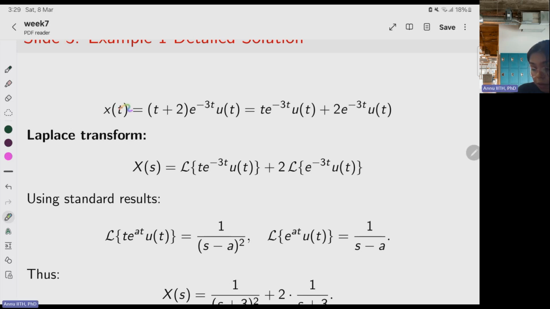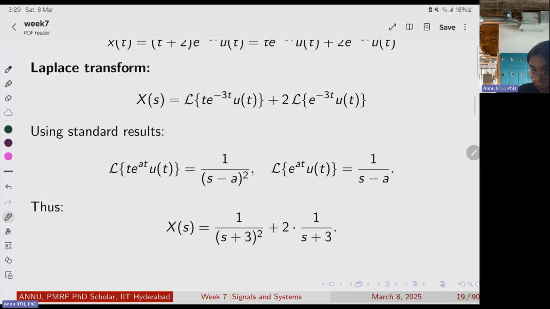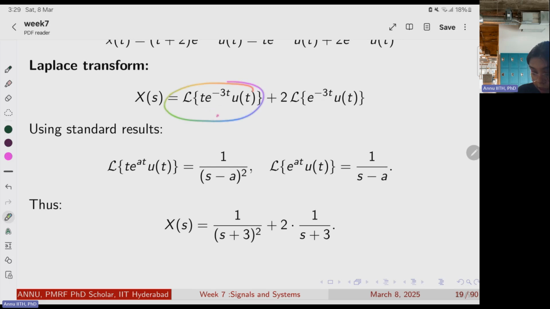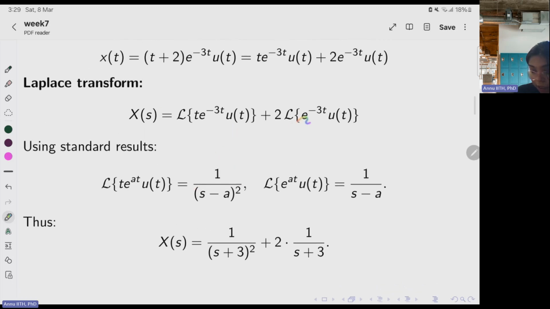So we have x(t) equals (t + 2) e^(-3t) u(t). That can be written as t e^(-3t) u(t) plus 2 e^(-3t) u(t). The Laplace transform of the first is a very known function, 1 upon (s minus a) squared, whereas the Laplace transform of the second type is also very known.